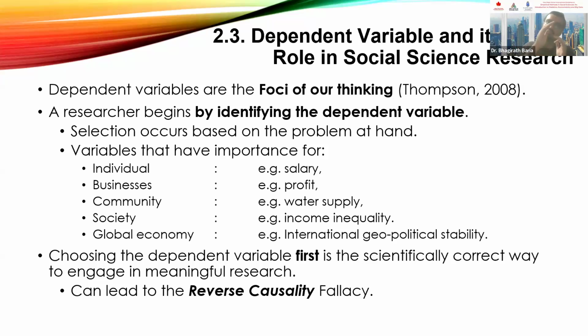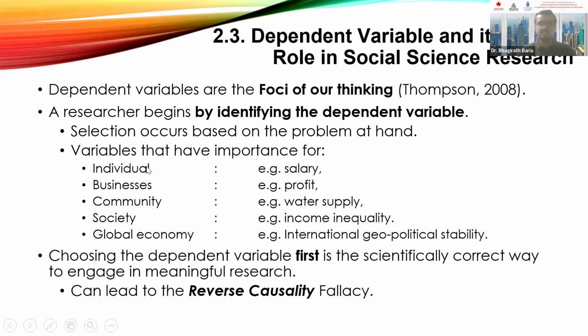It always starts from the dependent variable, the Y variable. This is the focus of our thinking. This is the focus of the scientist, the social scientist, whether you are a sociologist, public administrator, HR professional, marketing professional. The dependent variable is what you should be looking at. That is from where your research and all your study should start. All right, you should not start from independent variables. What are the dependent variables we can think of practically, very concretely?